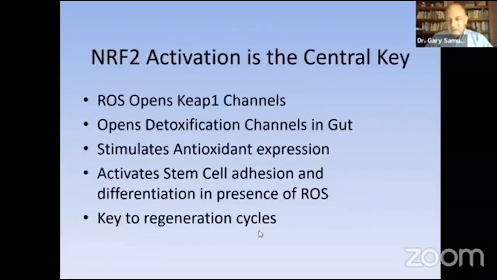It opens these KEAP1 channels, which are also part of the genetic pathways that we have studied. It opens detoxification channels in the gut, and stimulates antioxidant production, and it's key to regeneration cycles of the cell.